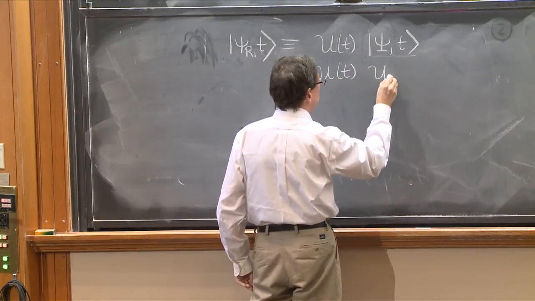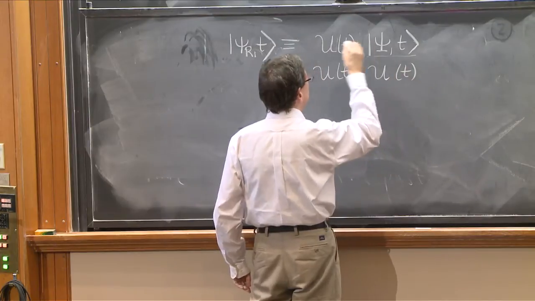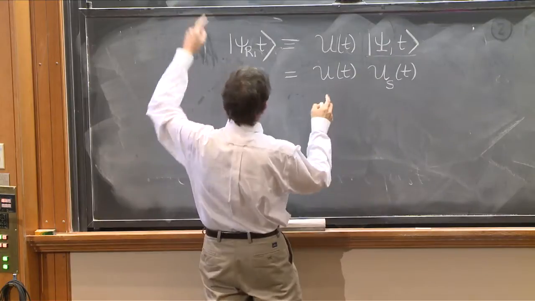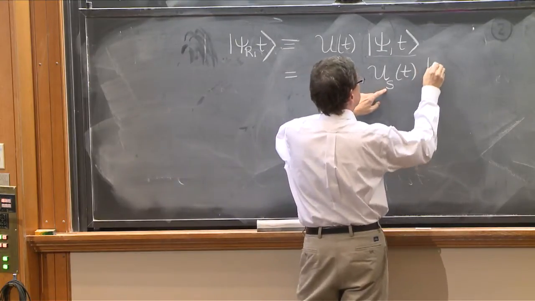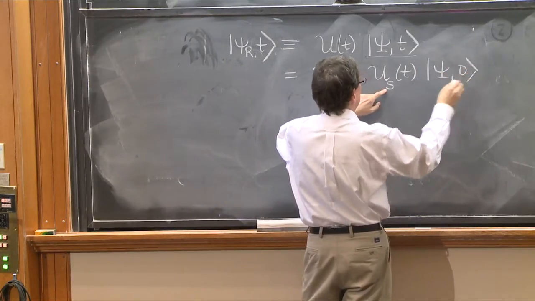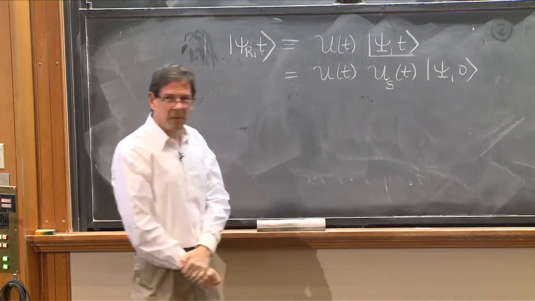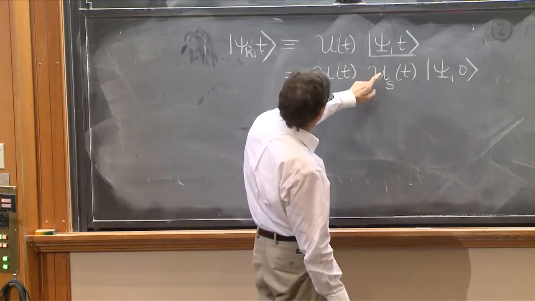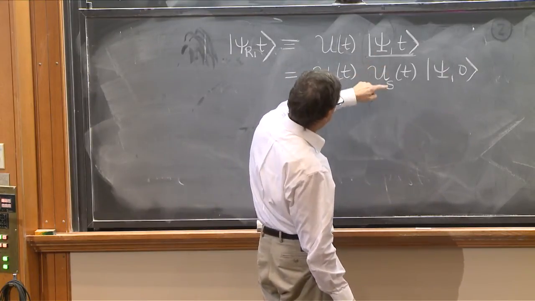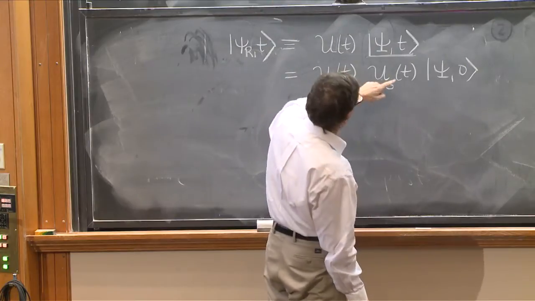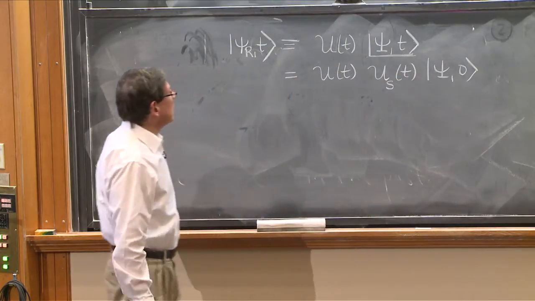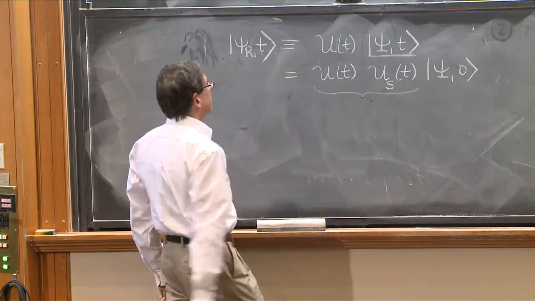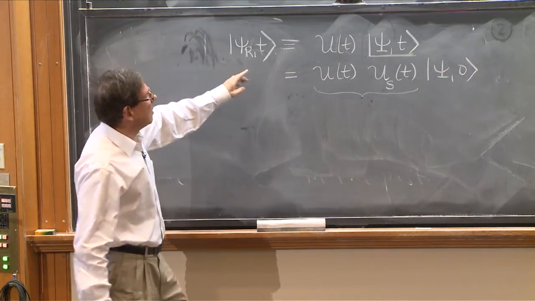So how do I distinguish it? I'll put an s for the spin system, U_S, psi 0. So psi of t is being evolved by the Schrödinger unitary operator associated to the Hamiltonian that we want, times psi of 0. So this is the total unitary operator that evolves the state.